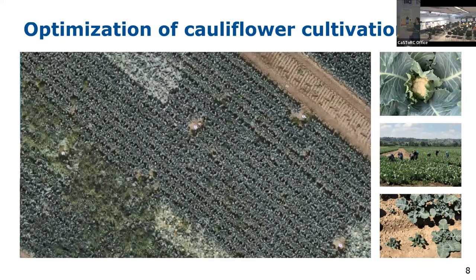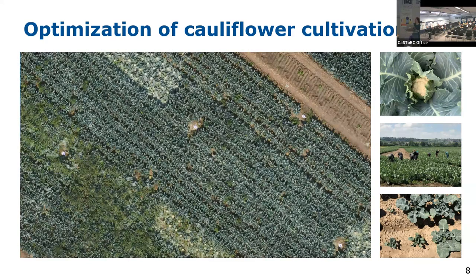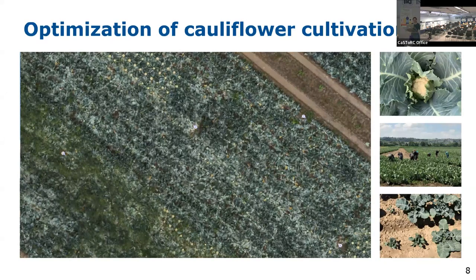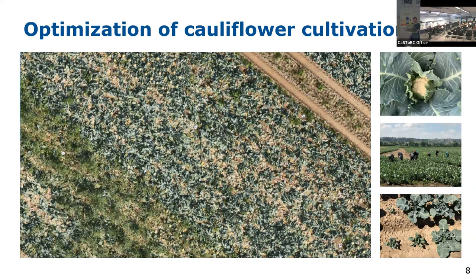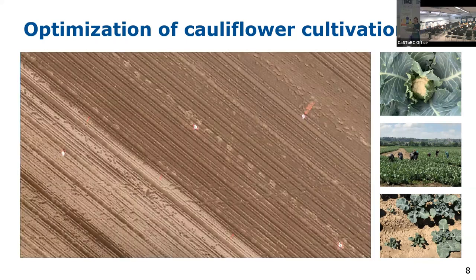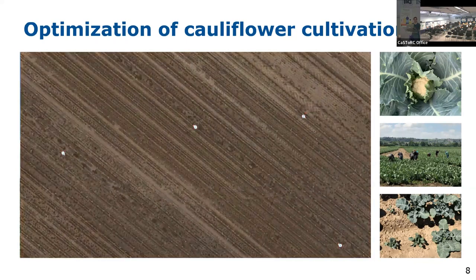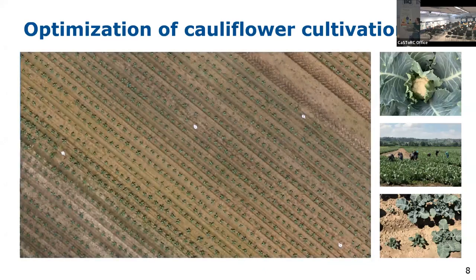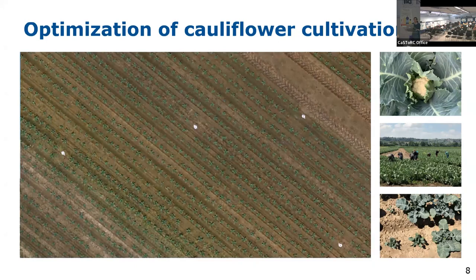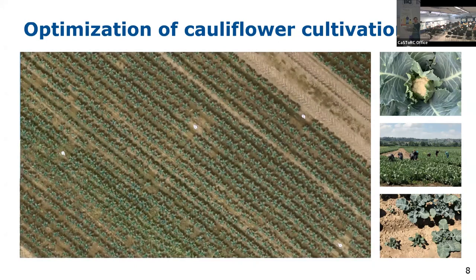So what we did is we used drone images and we flew over the field in different periods of the growing period, and we also georeferenced the data using these small markers here. So actually the images are aligned over time.